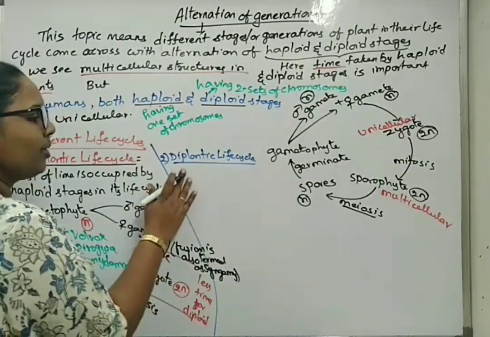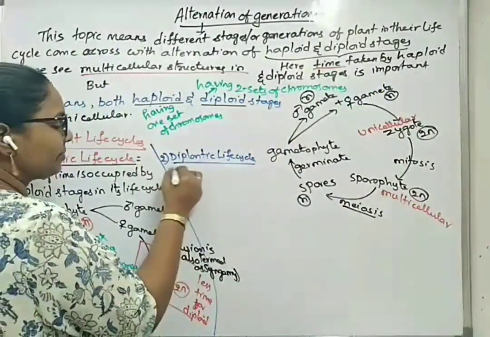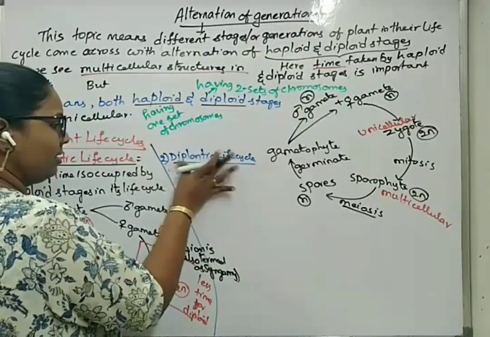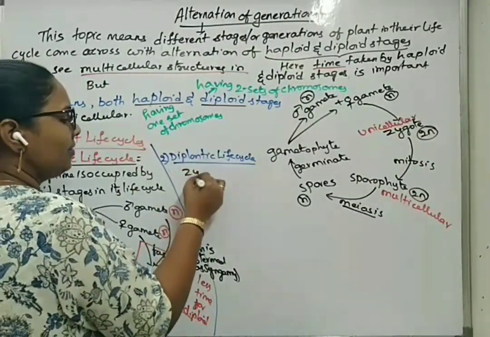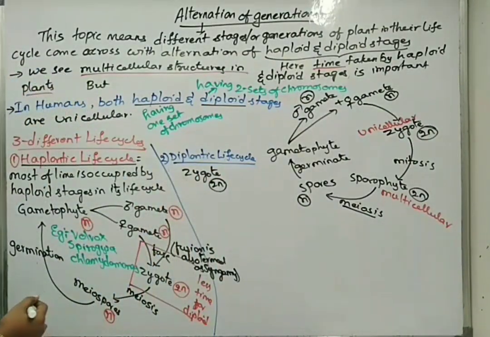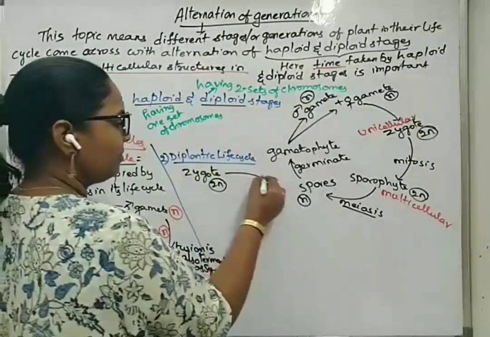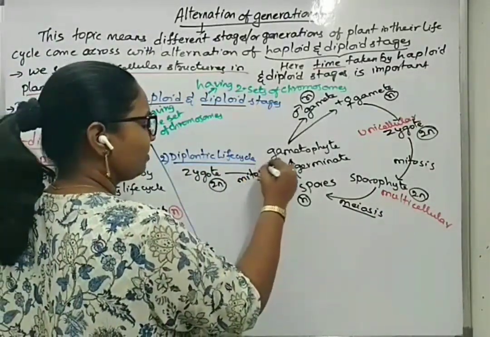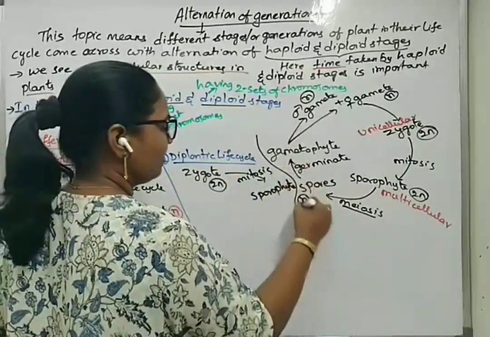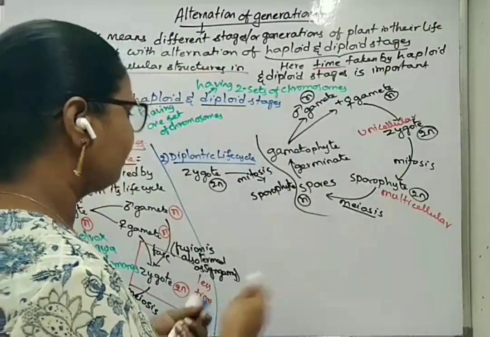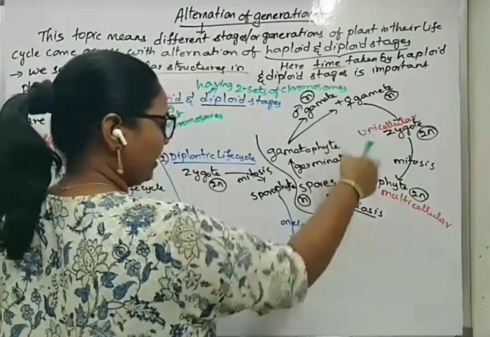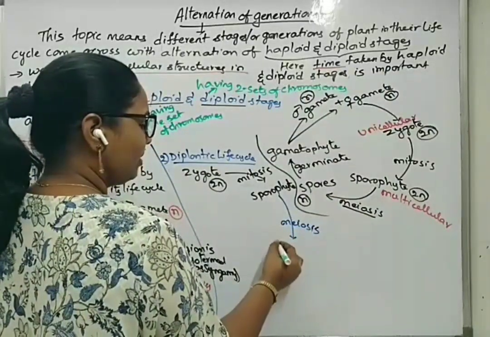Now, coming to the diplontic life cycle, we start with the zygote, which is diploid. The zygote undergoes mitosis to give out the sporophyte. The sporophyte undergoes meiosis to give out spores.